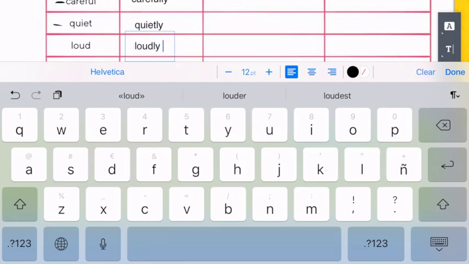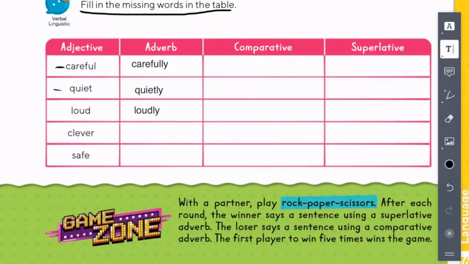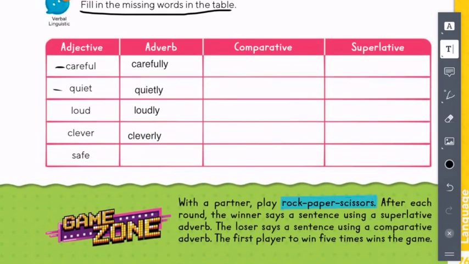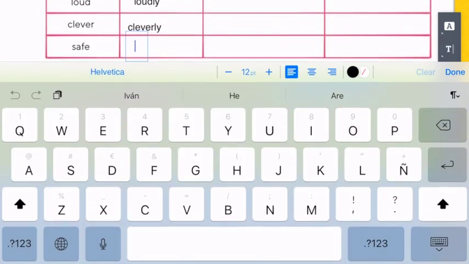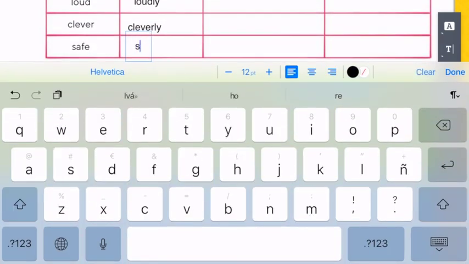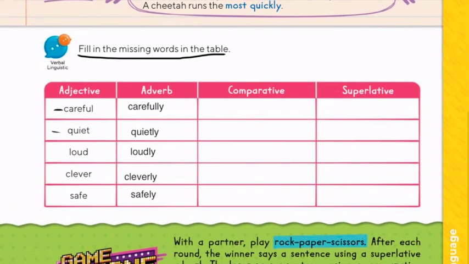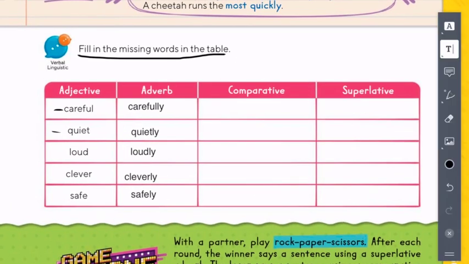Easy. Clever. Cleverly. Good. Safe. Safely. Correct. Super easy, class.